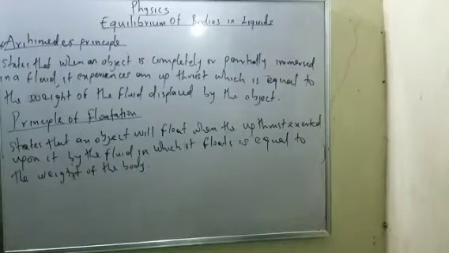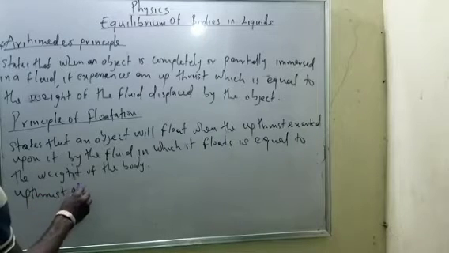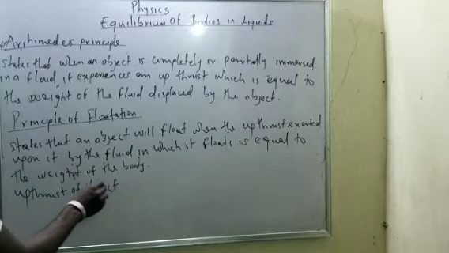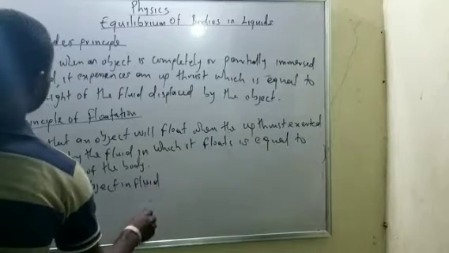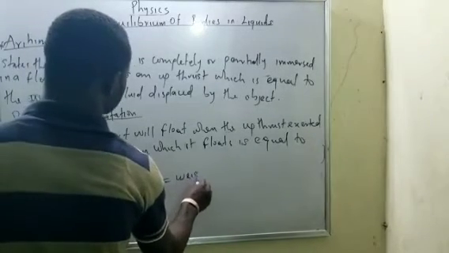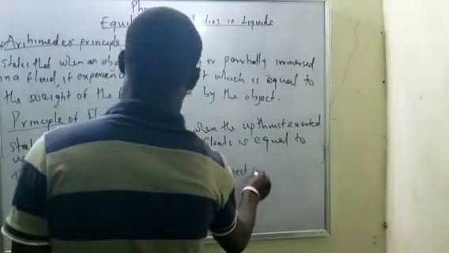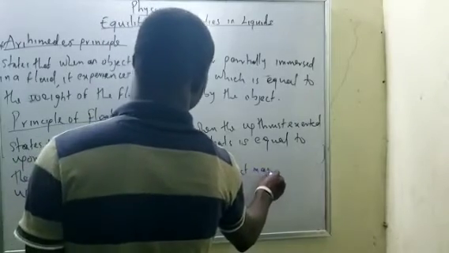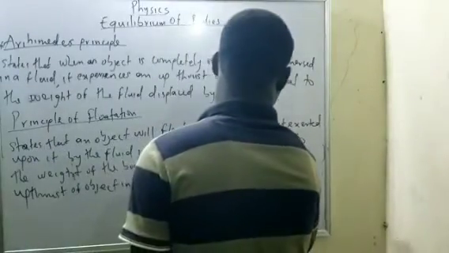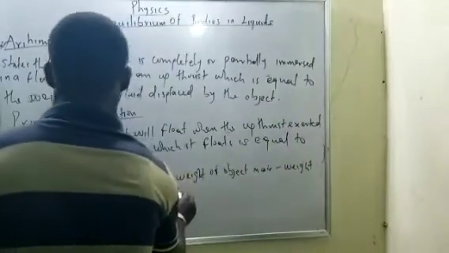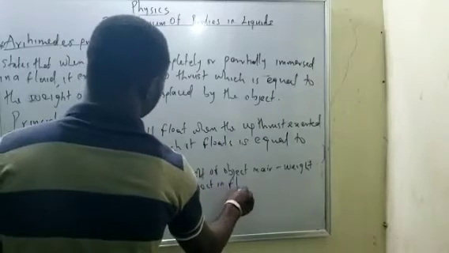But note that the upthrust of an object in fluid equals the weight of the object in air minus the weight of the object in fluid.